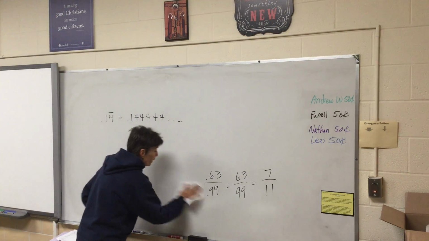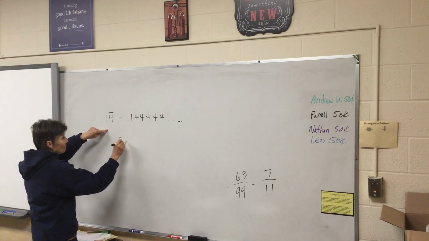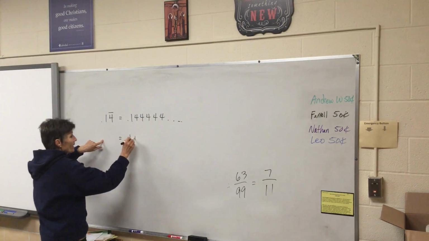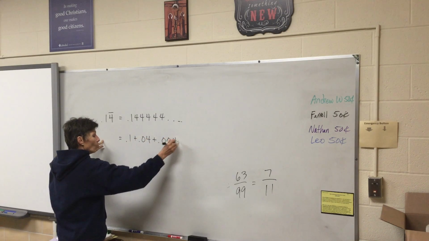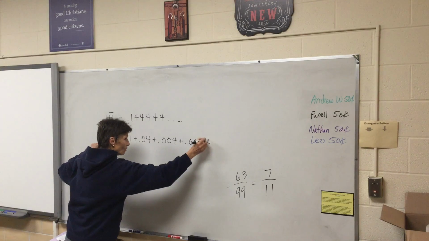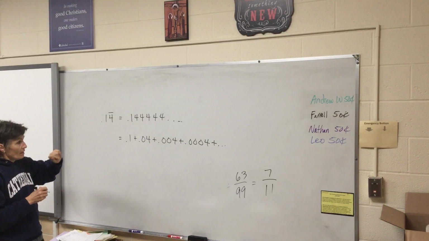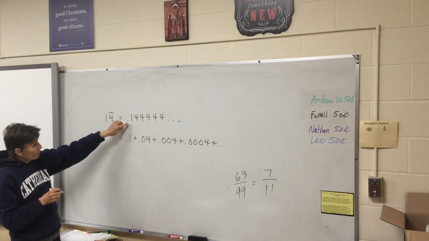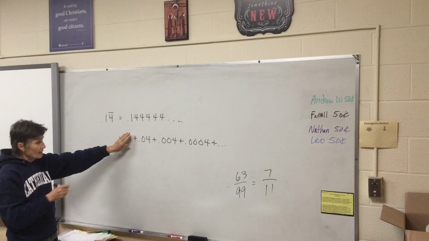But when we split it up, we're going to have 0.1, and then we're going to have 0.04, 0.004, 0.0004, and so on. This 0.1 here in the beginning is an extra.